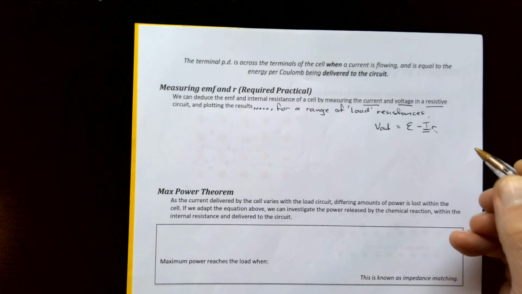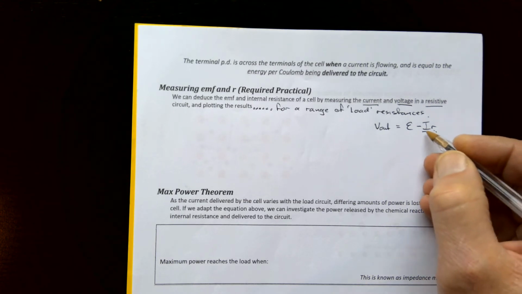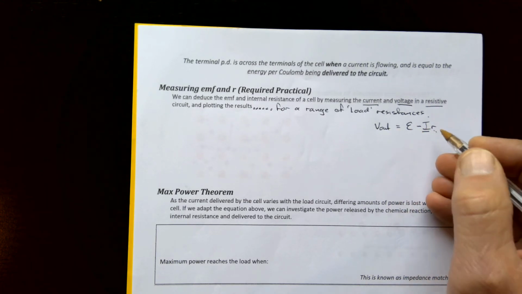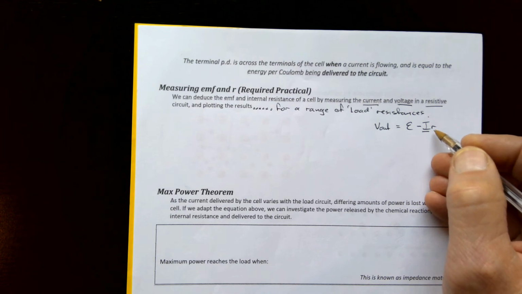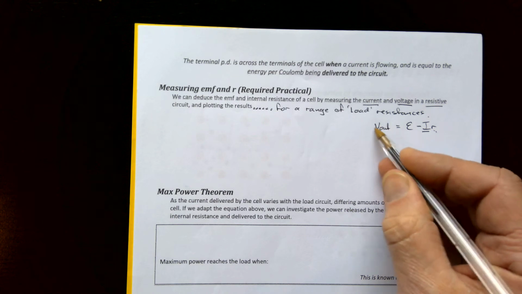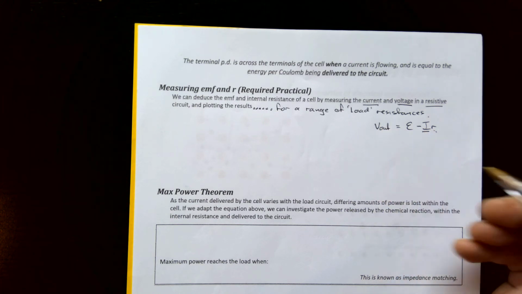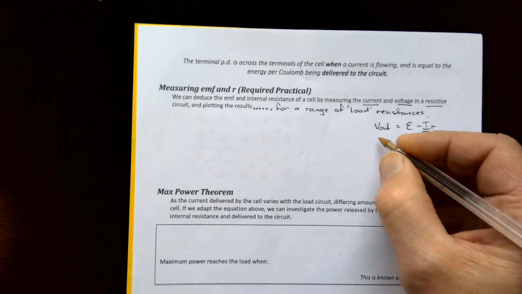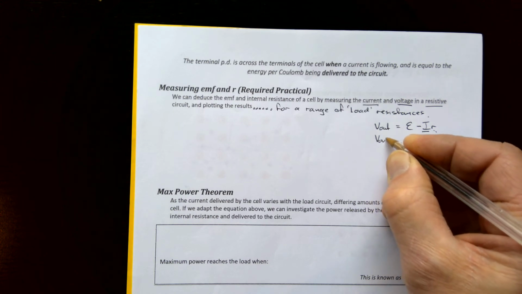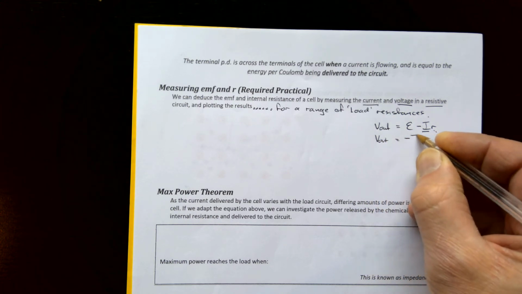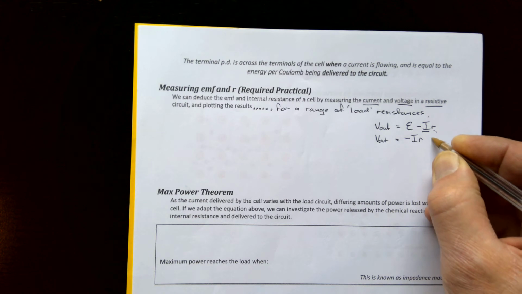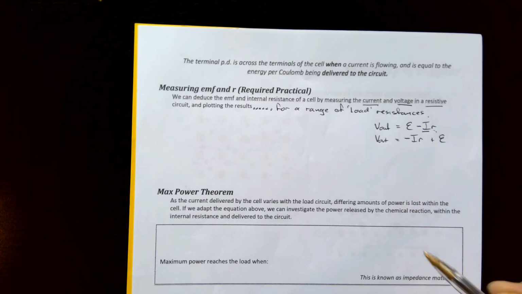Okay, so I'm going to change my resistance to get these different things. So for a range of resistances, what I can do is find the voltage out and I can find what happens to this. So I'm going to just swap that to be V out equals minus IR plus epsilon.